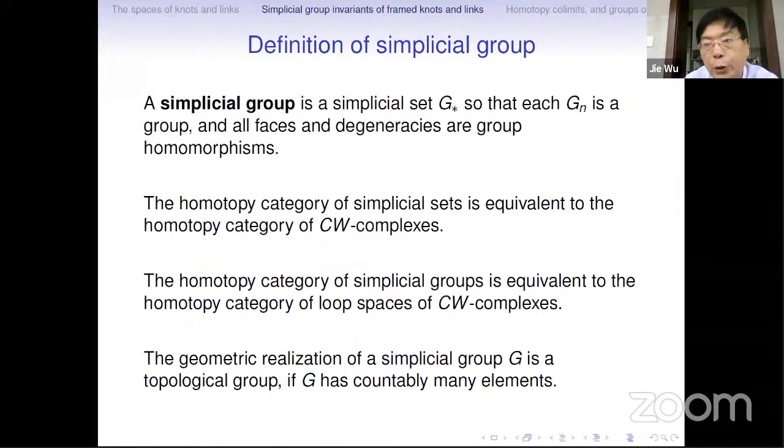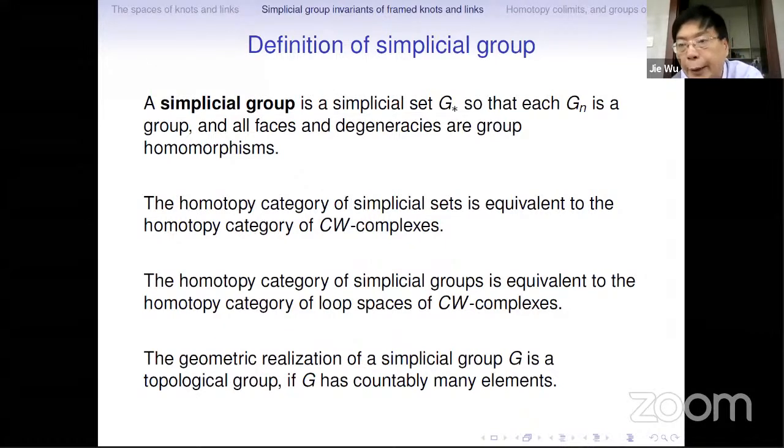Now, the notion of a simplicial group is actually a straightforward extension of a simplicial set. You just replace each set by a group, and each face and degeneracy by a group homomorphism. That's all. Okay.